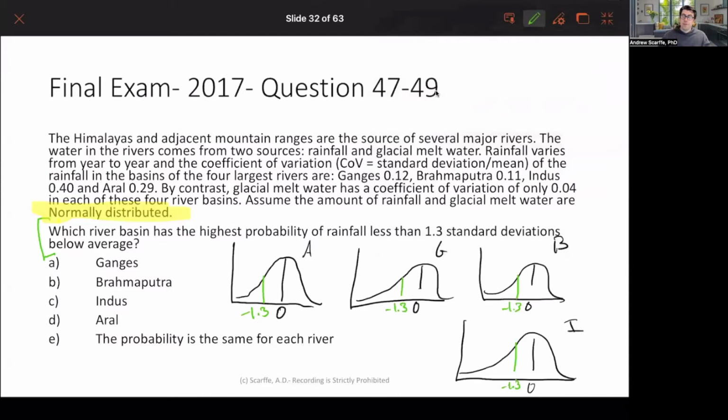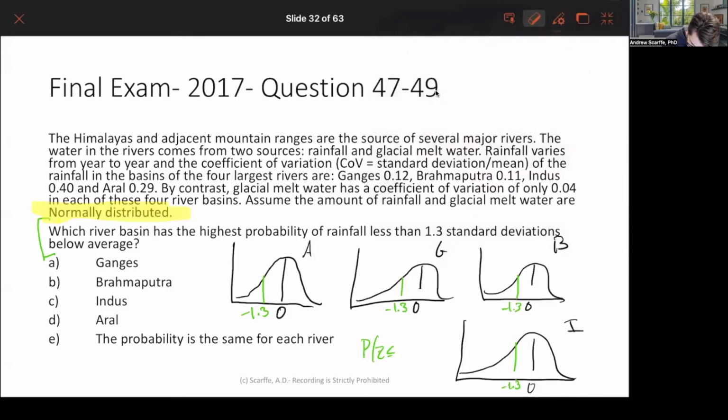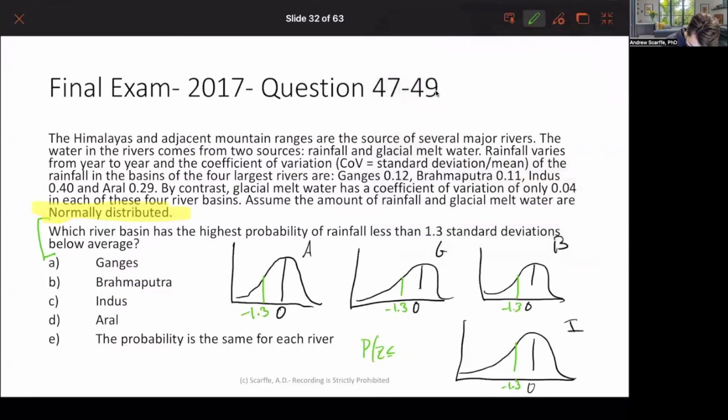To that end, if we were to look up a Z score, we were to look up the probability that Z is less than or equal to negative 1.30, you would get the same probability for each one of these river basins.